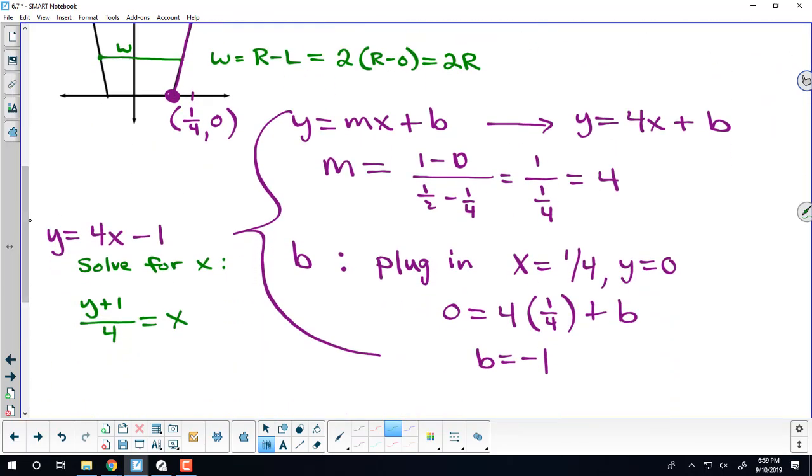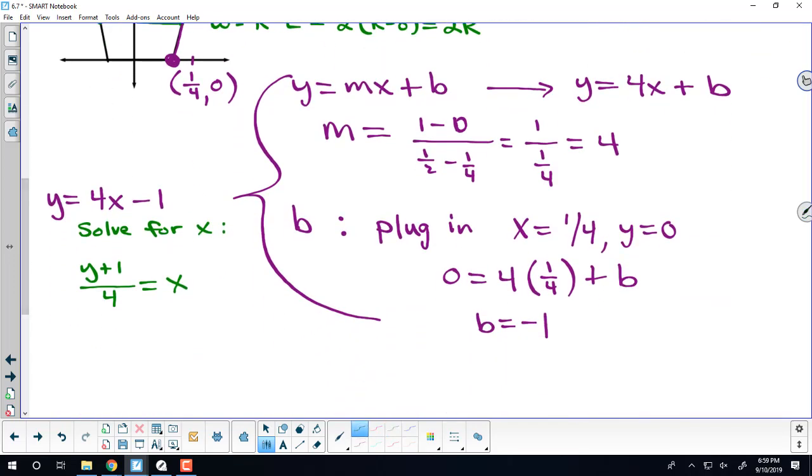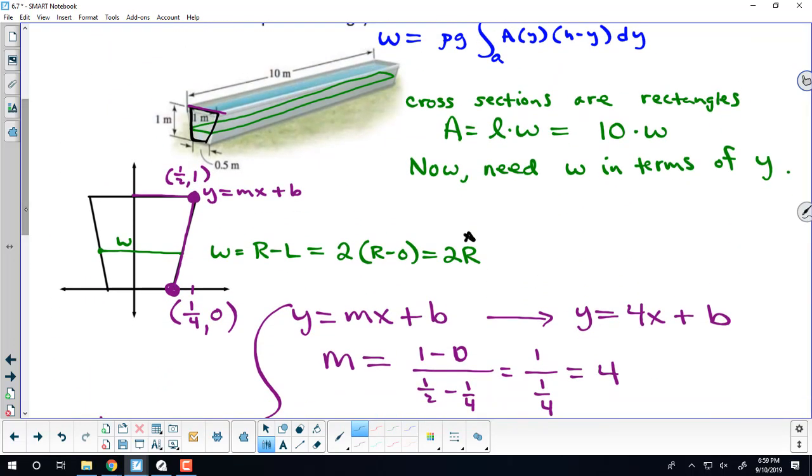Because is this the width of our cross section? Yeah, so we said all of that work was just to find that right function. But we said that the width is 2 times the right function. So we're going to take this and put it in here, which gives us y plus 1 over 2.